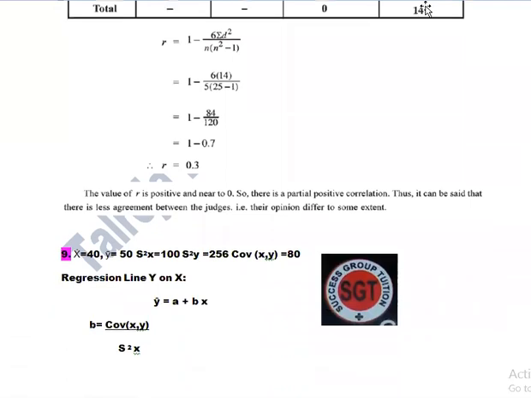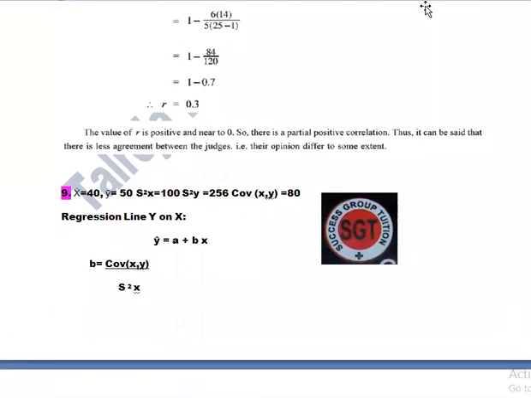Next, question 9. From the regression chapter, X bar, Y bar are given, S square X, S square Y, and covariance are given. It is asked to find out the regression line Y on X, Y cap is equal to a plus bX.